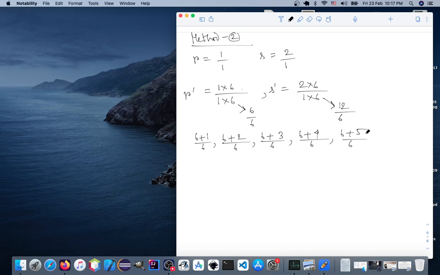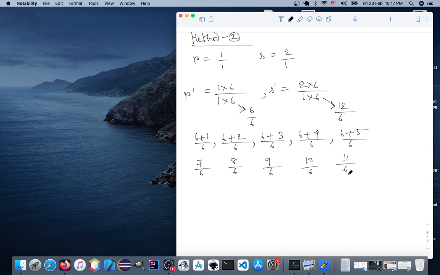So these rational numbers are 7 by 6, 8 by 6, 9 by 6, 10 by 6, 11 by 6.